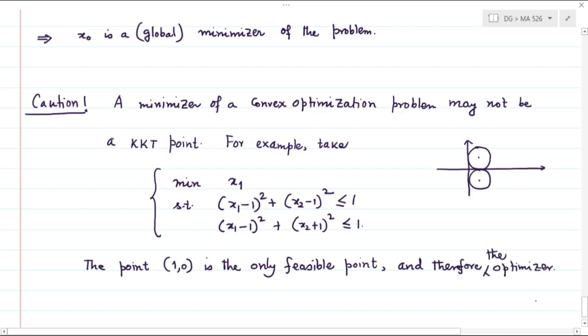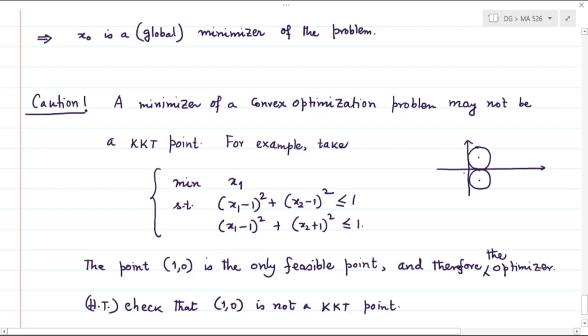However, at the point (1, 0), can you check that this point is not a KKT point? I am giving a home task. Check that (1, 0) is not a KKT point of the problem. And therefore, although it is a convex optimization problem, the optimum point (1, 0) is not a KKT point.